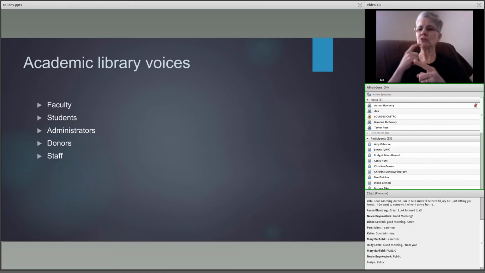You have to take into account the people that are donating both materials and funds, and what their needs and visions are. It doesn't necessarily mean your collection development has to be guided by those people's opinions, but it is certainly something to consider as you're developing a collection. And then the library staff, and the staff of the institution as a whole, might have very good thoughts about how a collection needs to be developed to fully serve the community.